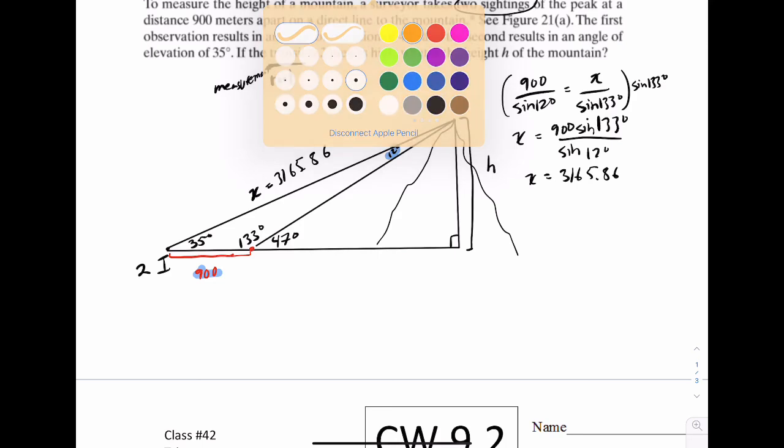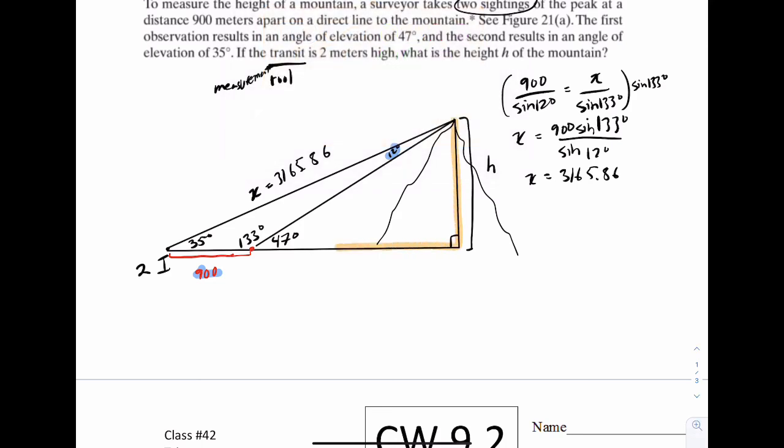Notice how this is a right triangle. So now let's just use Sohcahtoa. So let's imagine like you're standing right there. I can use sine. Sine of 35 is equal to h over 3165.86.